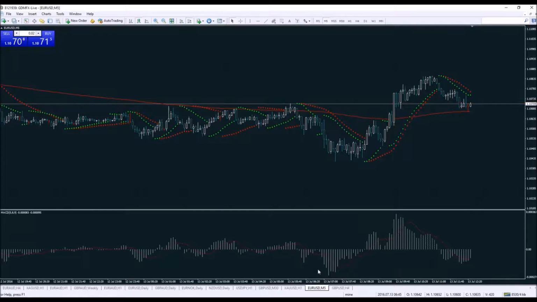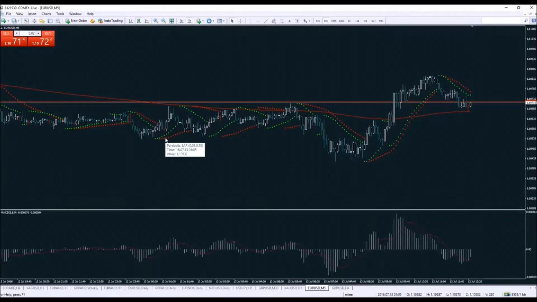Now what I mean by using that particular moving average convergence divergence is, as we know that we're using the two parabolics as pretty much the same way. They're also pointing trends. The MACD is doing the same.